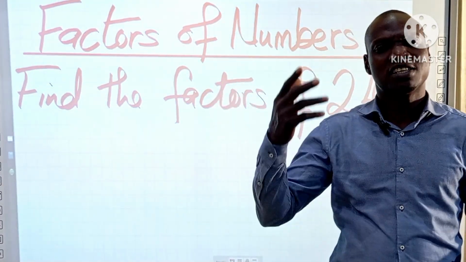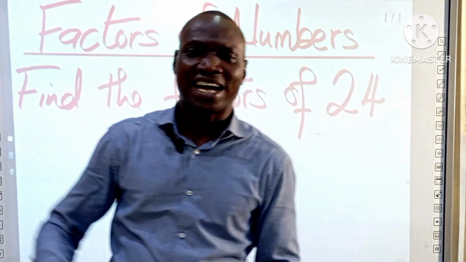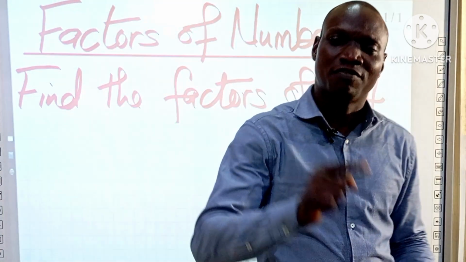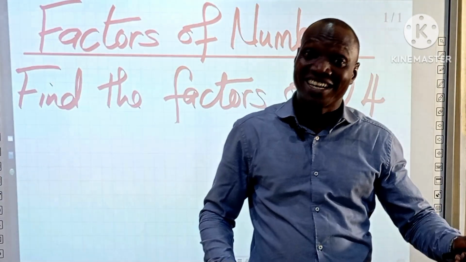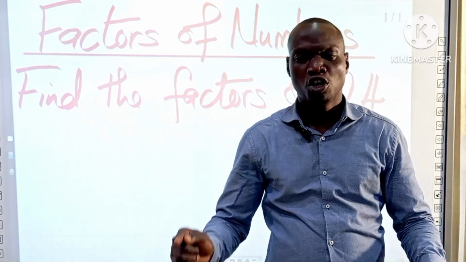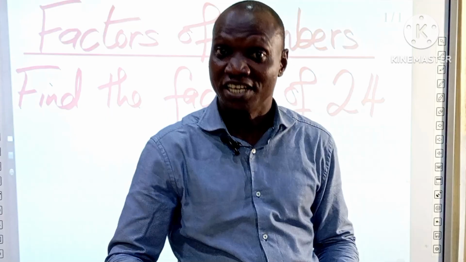So we shall be looking at factors of numbers. Now, what is a factor? A factor of a number is a number that can divide that number evenly. That means any number that can divide another number without a remainder is a factor of that number. When you know your multiplication table, division of numbers becomes very easy.